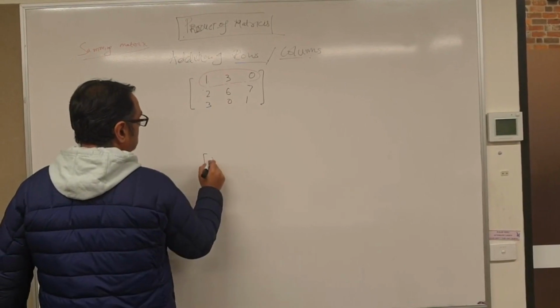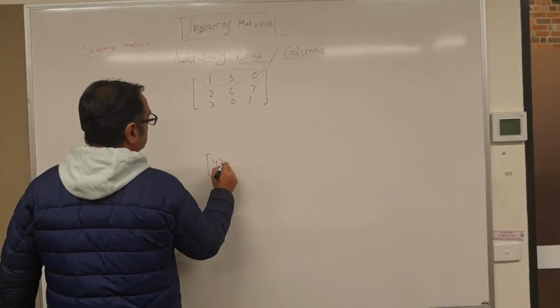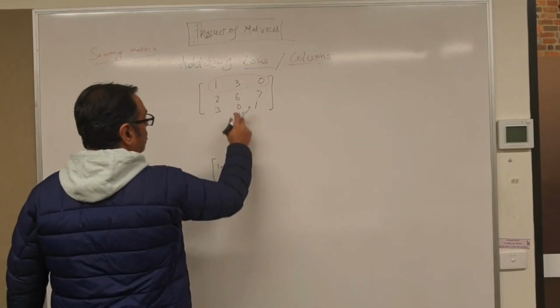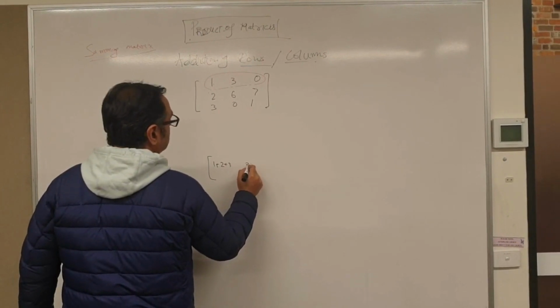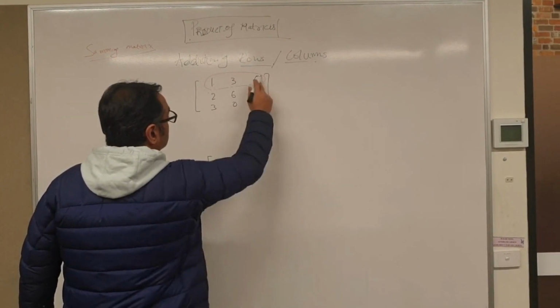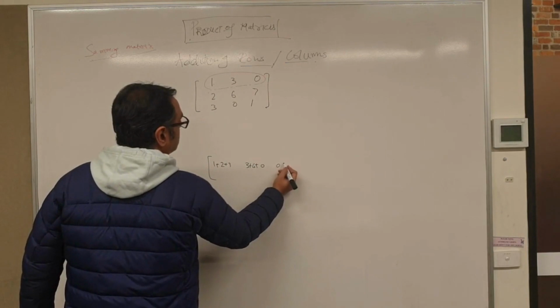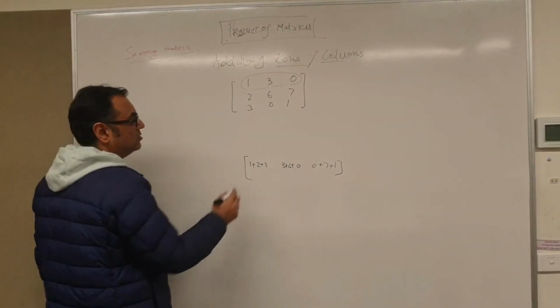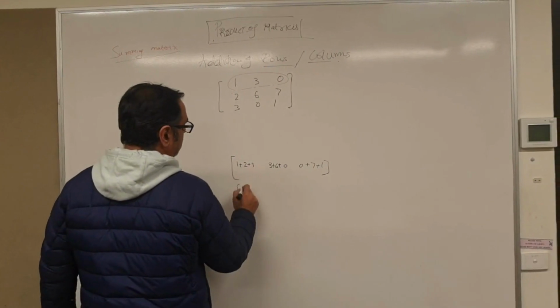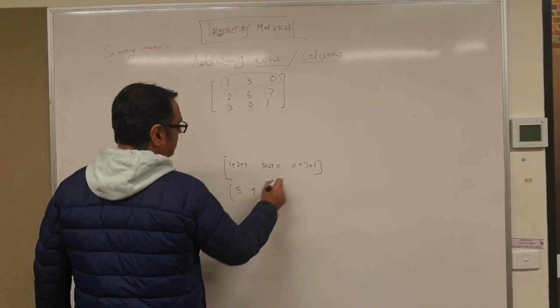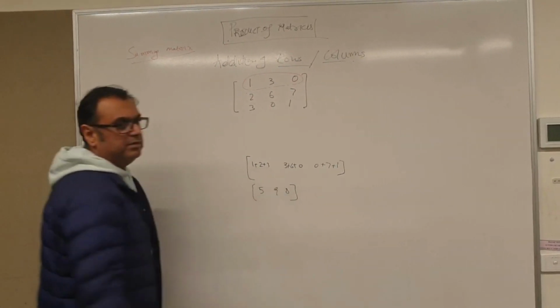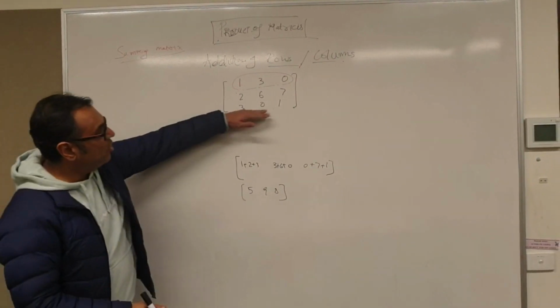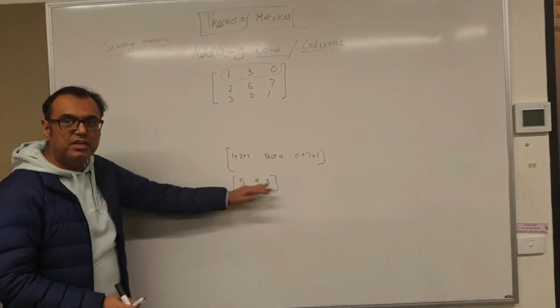Column 1 is 1 plus 2 plus 3. Column 2 is 3 plus 6 plus 0. And column 3 is 0 plus 7 plus 1. So that means 5, 9 and 8. This is what I need. Right? So when you add the columns, you will get basically a row matrix.